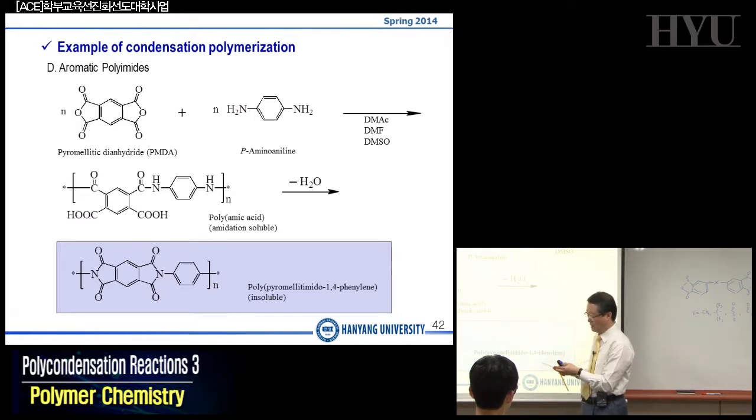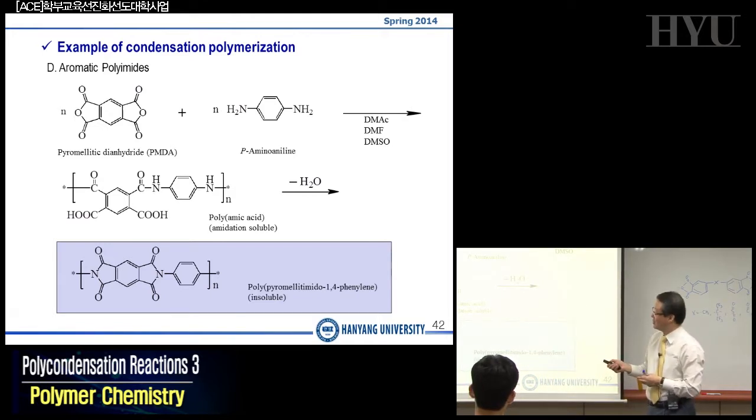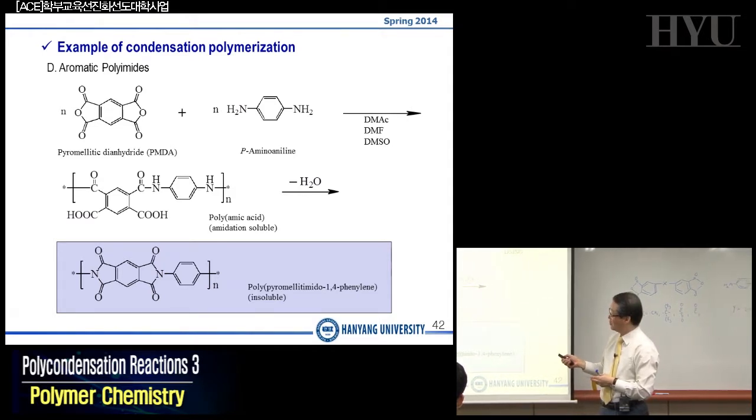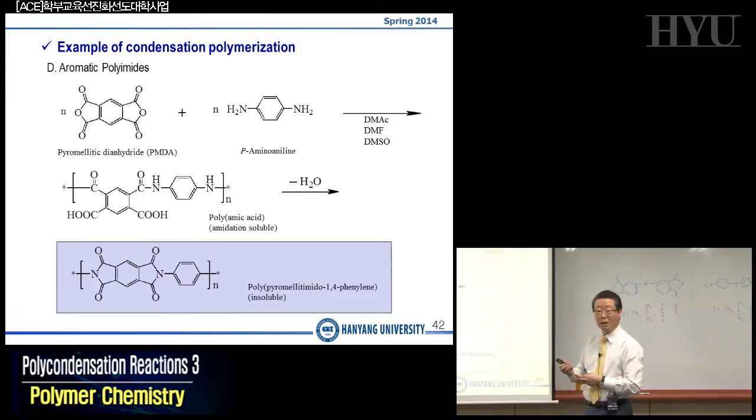After this reaction, after the amic acid, you increase the temperature up to about 300 degrees C, and by pulling the vacuum to remove the water, because you have a carboxylic acid and carbonyl, this N will attack this other carbonyl here, and the OH group and the H from NH will become water, and it will be a ring closure reaction.